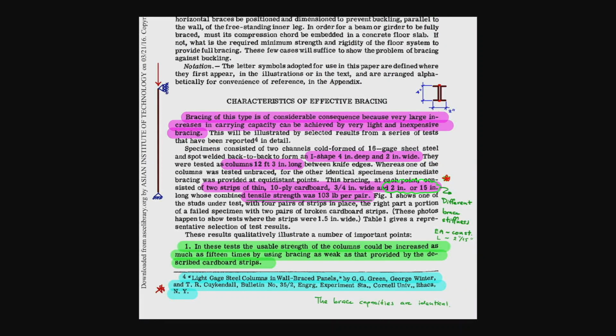Figure 1 shows, on the left, one of the studs under test with 4 pairs of strips in place, and on the right, a portion of a failed specimen with 2 pairs of broken cardboard strips. You're going to see the picture, and the picture is not so clear anyway, but these photos happen to show the strip of which the width is 1.5 inches.